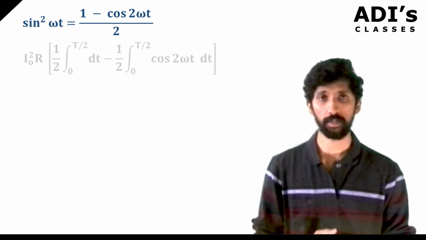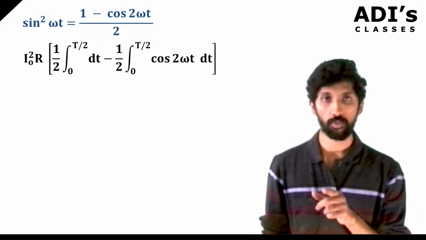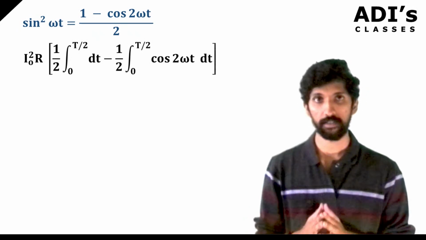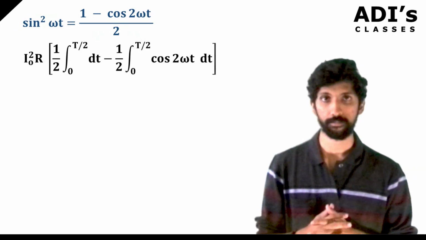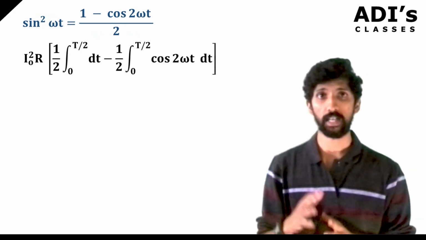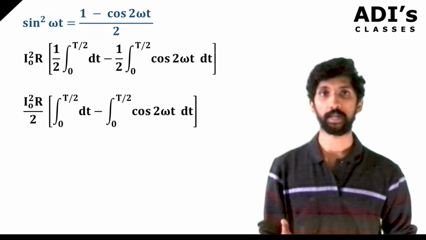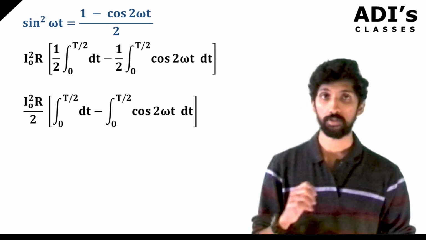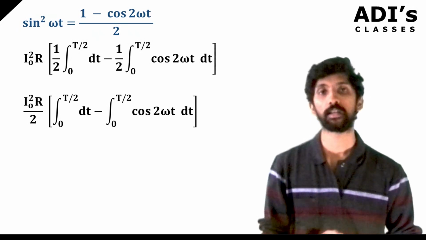Taking 1/2 outside, that is I0² R times the integral of dt minus 1/2 cos 2ωt dt. So what we have is I0² R/2 times the integral from 0 to T/2 of dt minus the integral from 0 to T/2 of cos 2ωt dt.